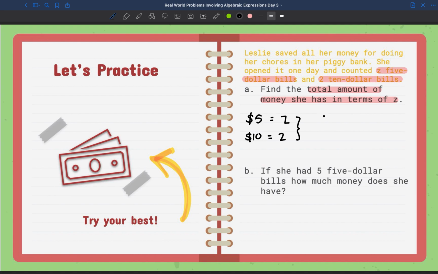So we multiply 5 times z, we get $5 times z. We're trying to figure out how much money in total, so we need to add. And we multiply 2 times 10 because she had 2 $10 bills, we get $20. And this would be our final answer for part A, for figuring out how much money she would have in total, because we do not know the value of our variable.